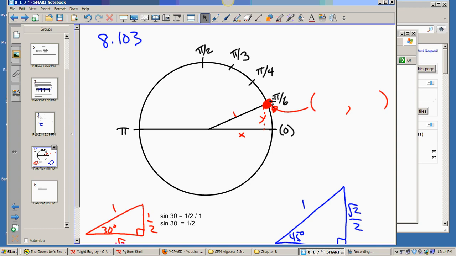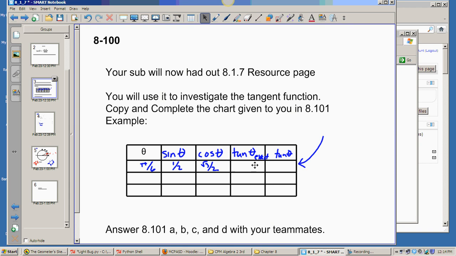Pi over 6 is just like the 30-degree one, however you want to think about that. To find the exact value of tangent, what I would do is take 1/2 and divide that by square root of 3 over 2. Does anybody remember what divided by means when you're working with fractions?